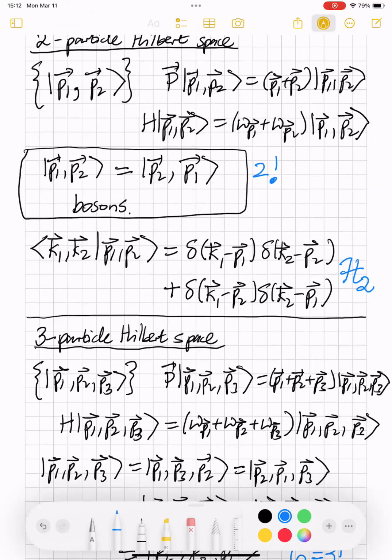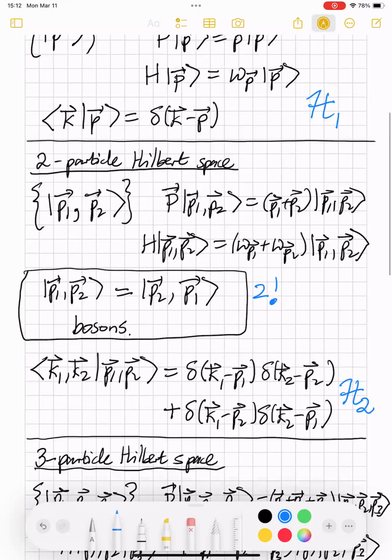But the point is, in quantum mechanics, if you start off in the Hilbert space H2, you always remain in the Hilbert space H2. In quantum field theory, I might start off with a very highly excited photon, and that photon could decay into an electron and a positron. So I could start off in the Hilbert space H1, and then because of pair production, I could make a transition into the Hilbert space H2.